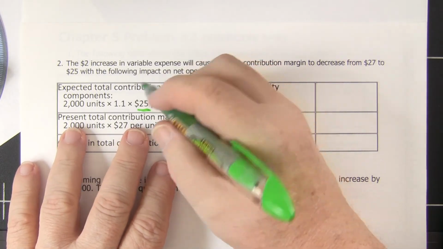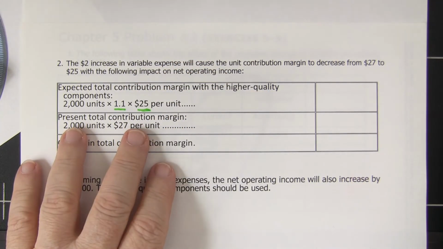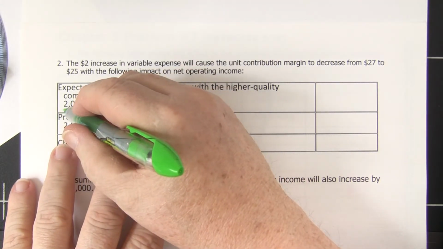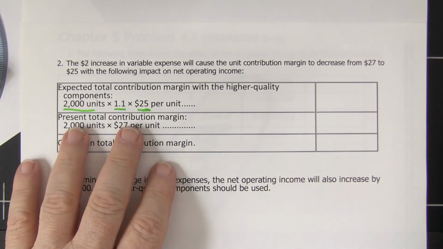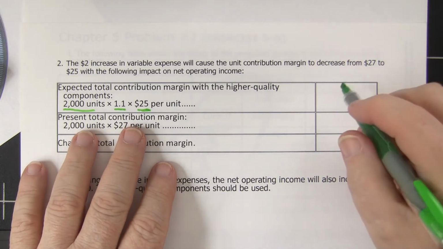So our contribution margin, and looking just at the contribution margin, because that's what this is, our contribution margin was 27. It's now 25. We're increasing our sales 10%, so it's 110%, 1.1 of the 2,000. So they just put it that way. I don't particularly like that method, but yeah, I guess you can see it just as well.